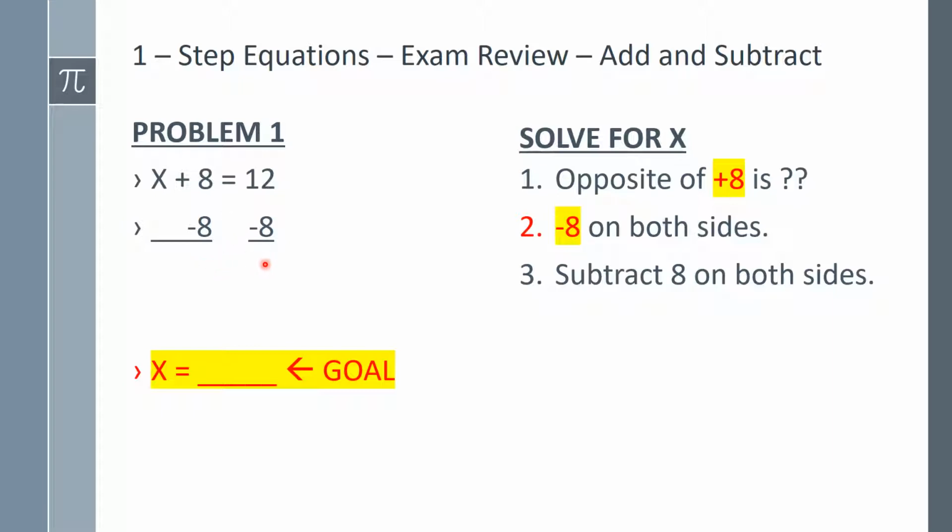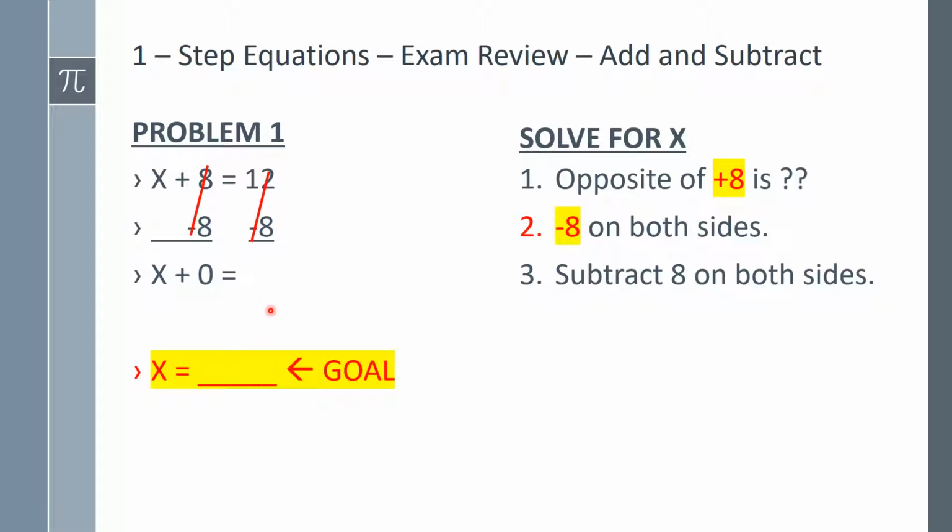What we do to one side of the equal sign, you have to do to the other side of the equal sign. All right, so let's look at the left side again. I've got that 8 minus 8. So 8 minus 8 is 0, so those cancel out. What I get on the left side is my x is still there, and my 8 minus 8 gives me a plus 0. On the right side of the equal sign, I've got 12 minus 8.